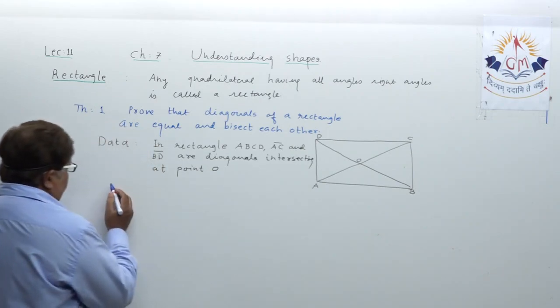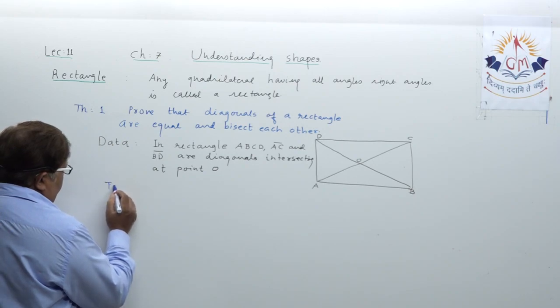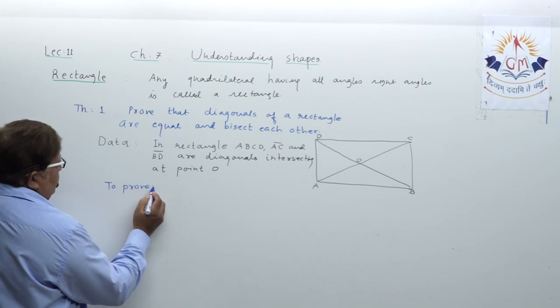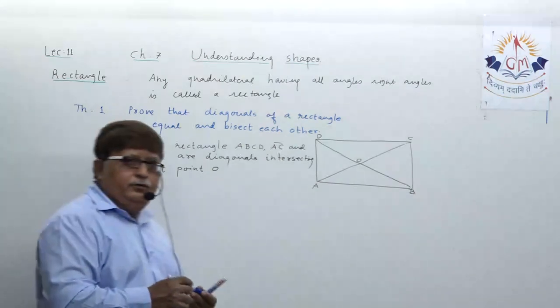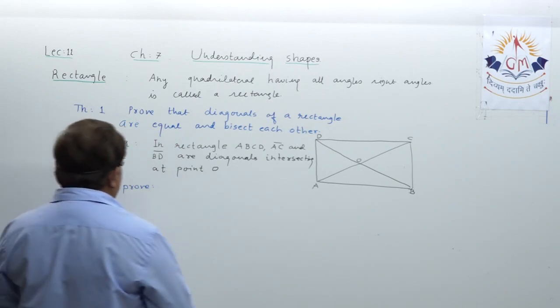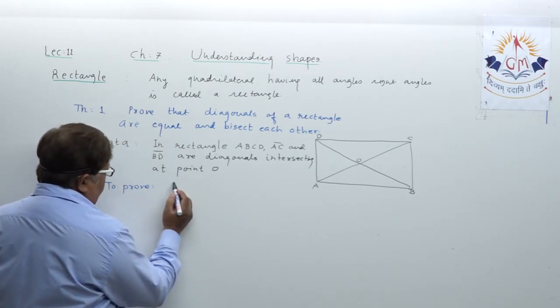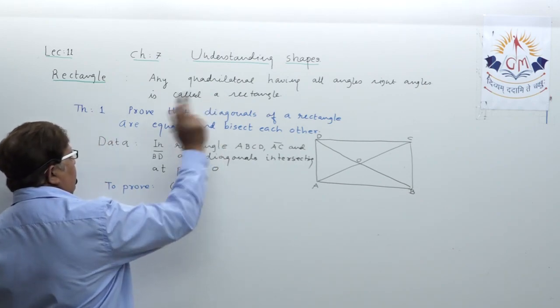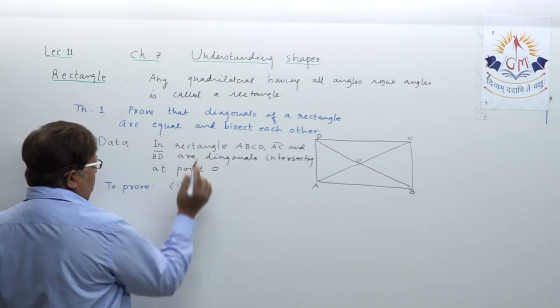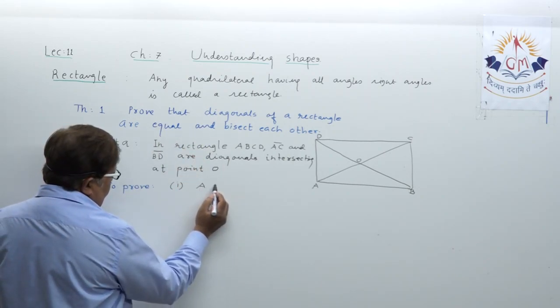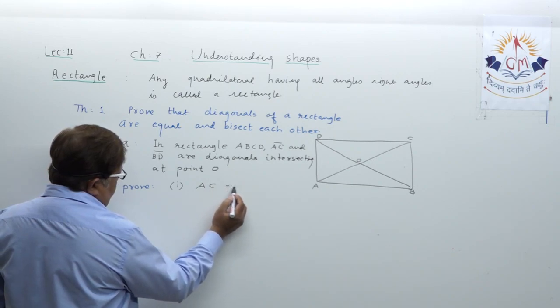Let us write what you have to prove. To prove. Understood? First thing, we have to prove that diagonals are equal. That means you have to prove AC equal to BD.